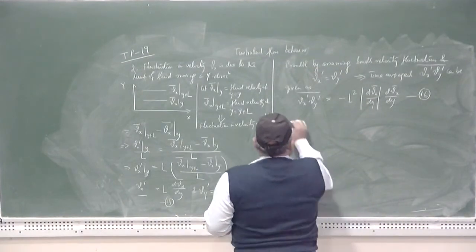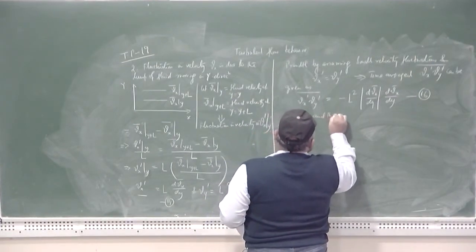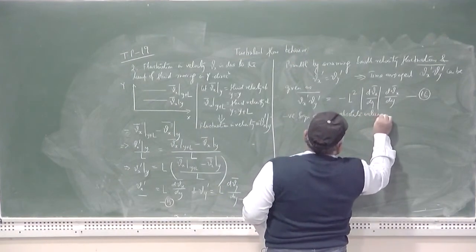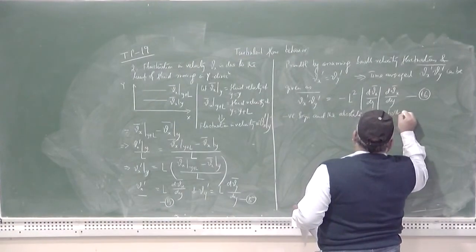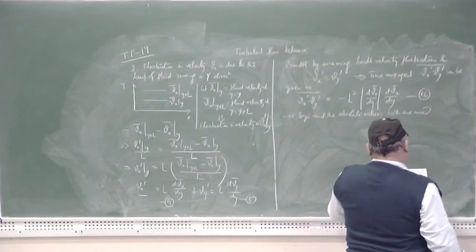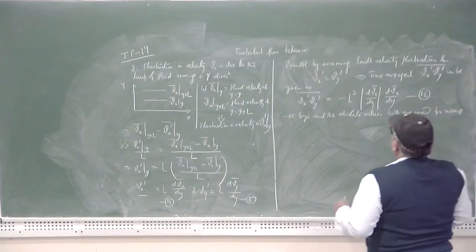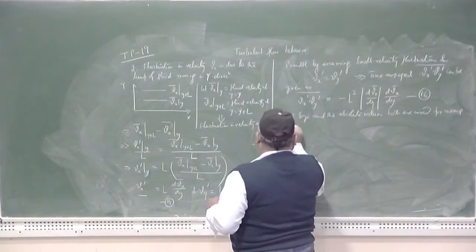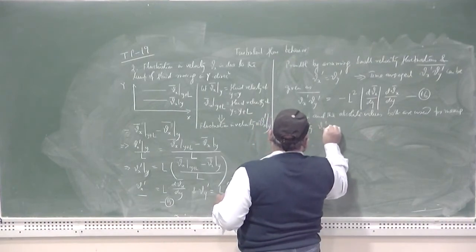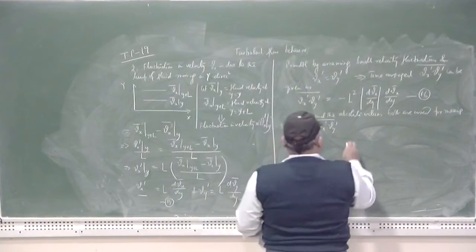Here the negative sign and the absolute value both are used for making the quantity Vx prime Vy prime average in agreement with the experimental data.